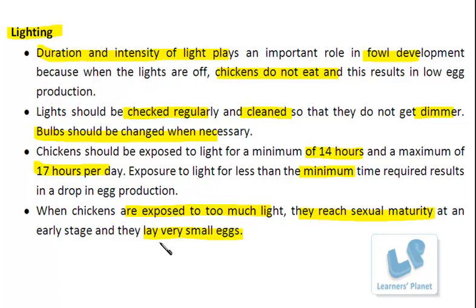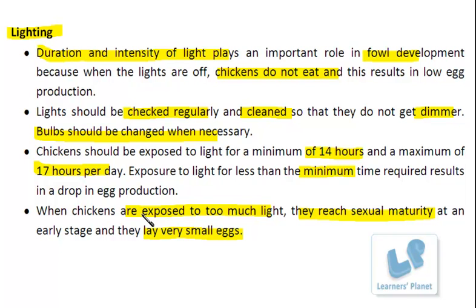So here this point is compromised. This is the reason that the proper exposure to light should be there for 14 to 17 hours per day, and it should be increased gradually, and the proper interval has to be set so as to expose the chickens to the light.